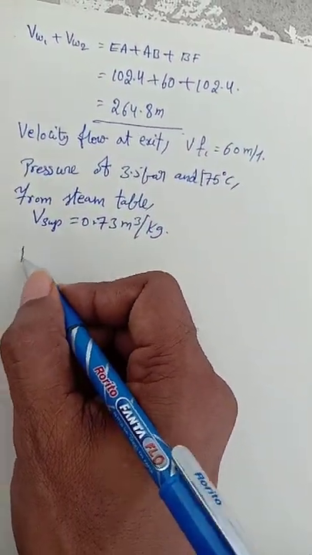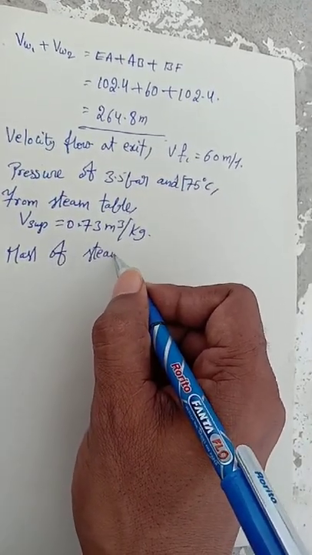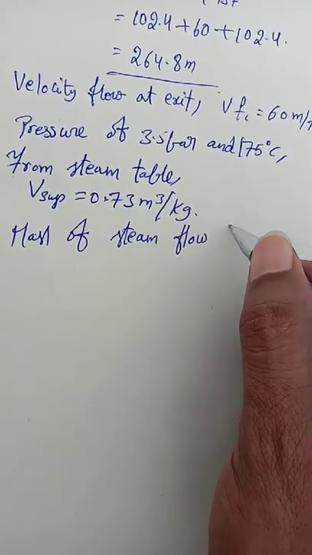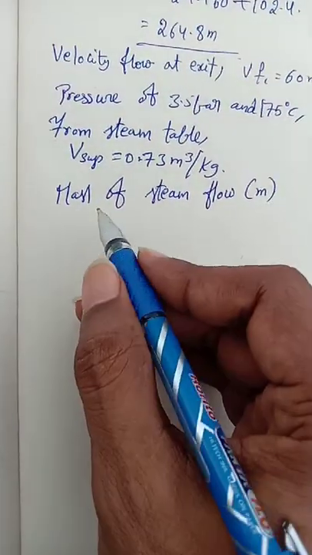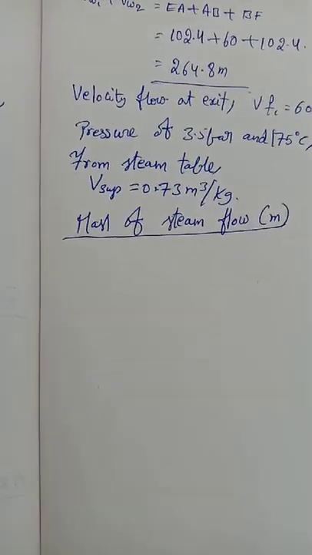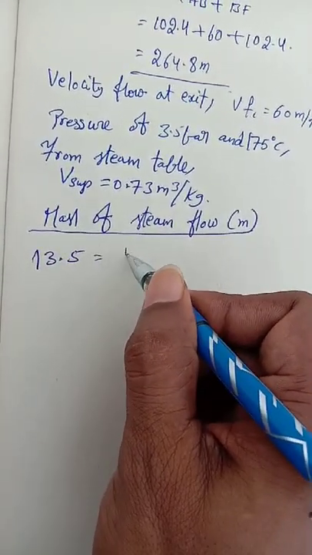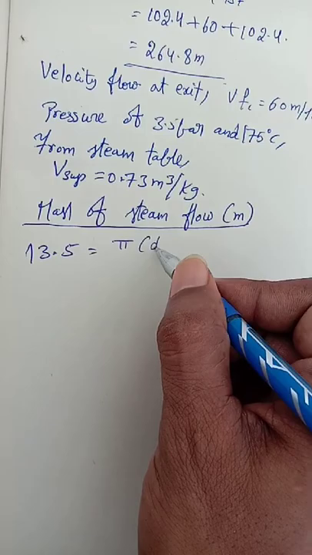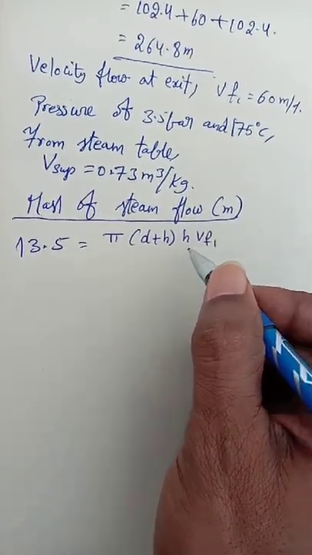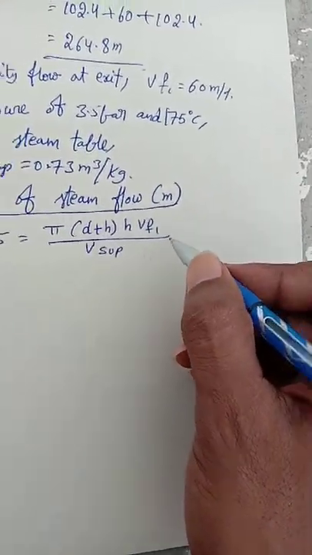Okay, and we go for mass of steam flow, then m, mass of steam flow, m. Now 13.5 is equal to pi into d plus h into Vf1 divided by supersaturated volume.